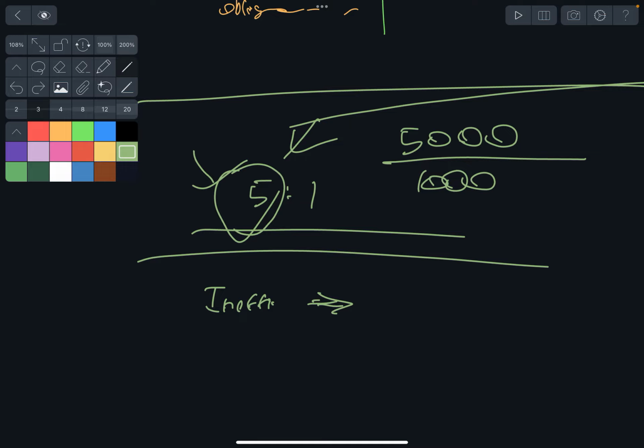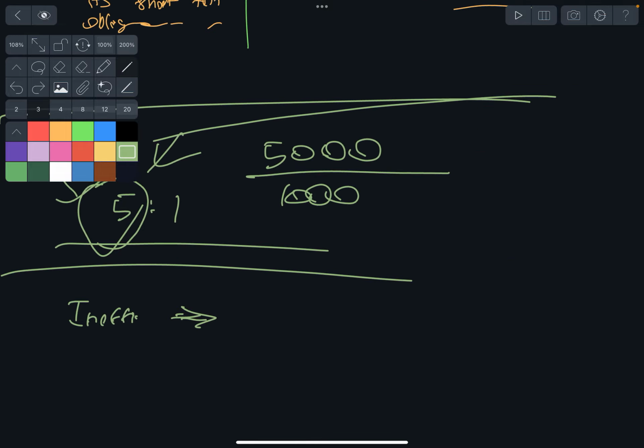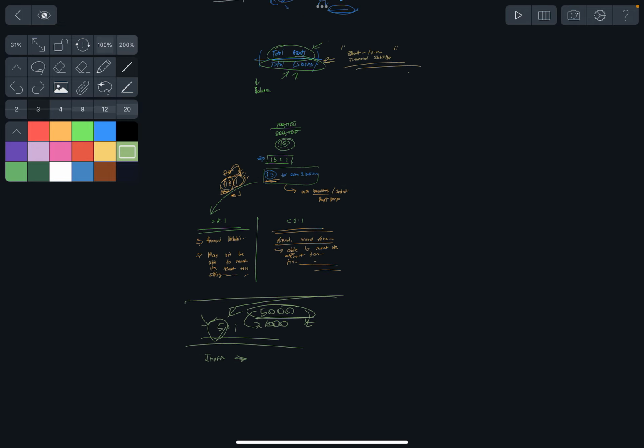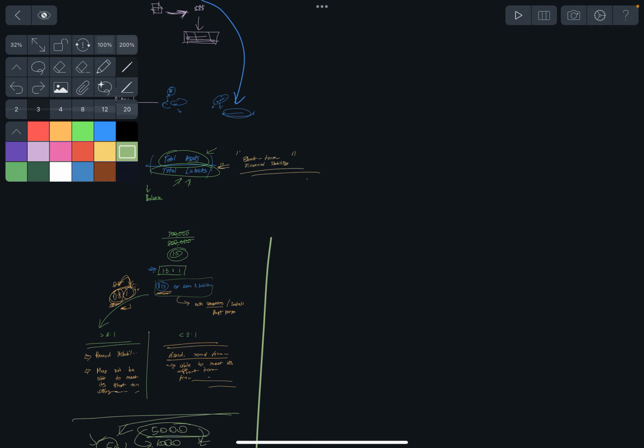Sure, you can take that as profit and go away, but you're not really making the business better at this point. You want to be continually reinvesting into the business, so you want a ratio closer to 2 to 1. Maybe 3 to 1, but too high indicates insufficient use of assets to generate further revenue. So it indicates bad.